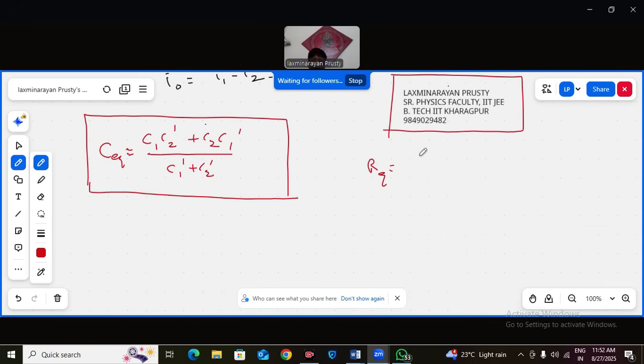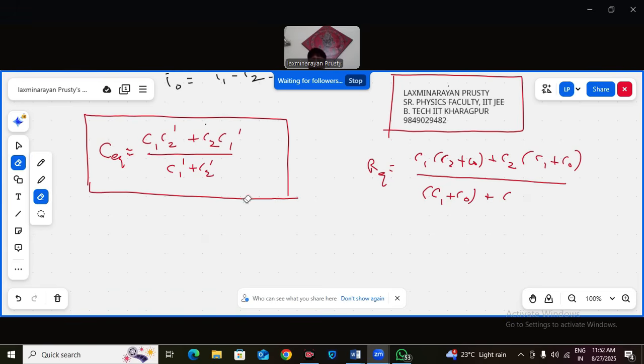Let us write the R equivalent so that things will be much better for you.